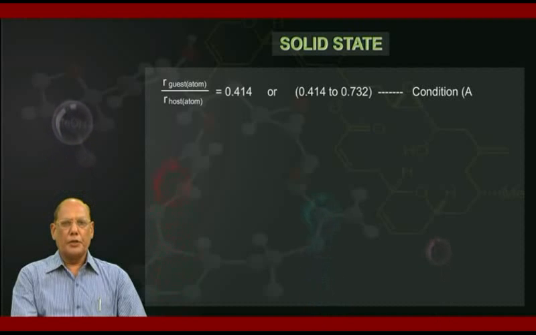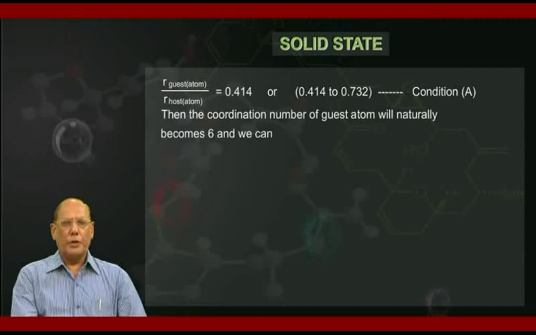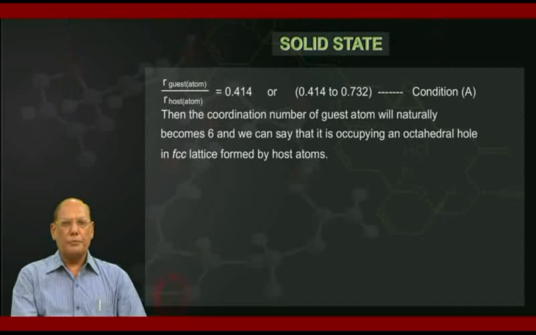Mark it as condition A. Then the coordination number of guest atom will naturally become 6, and we can say that it is occupying an octahedral hole in FCC lattice formed by host atoms.